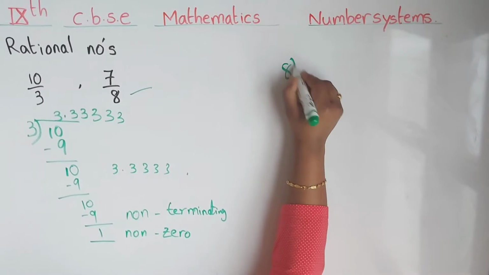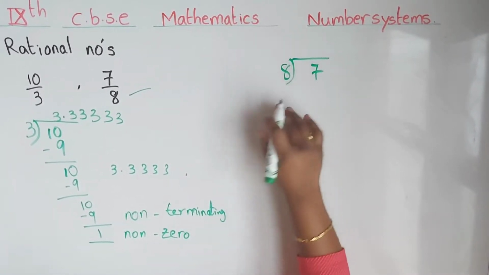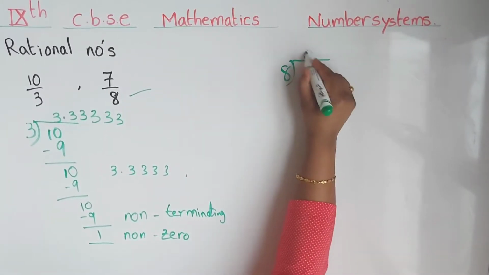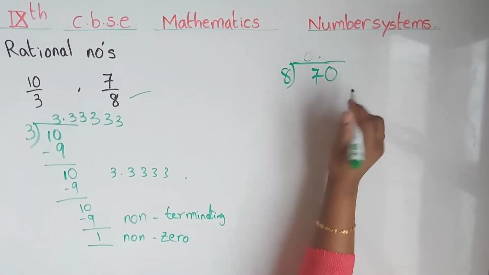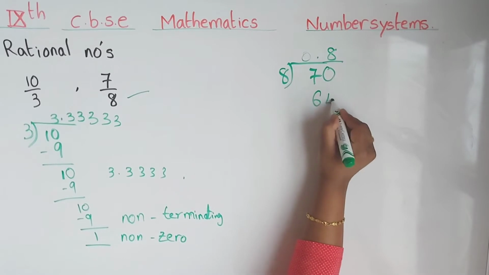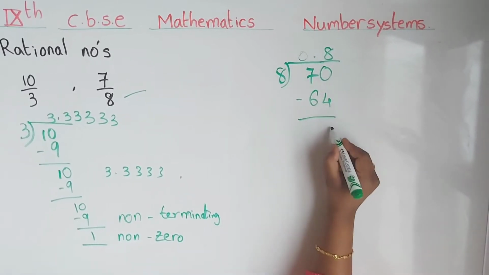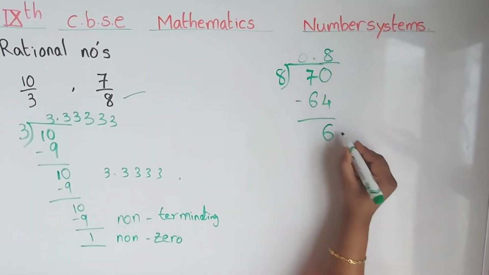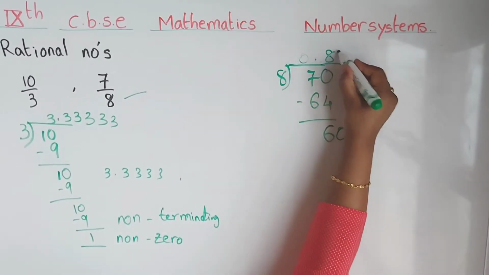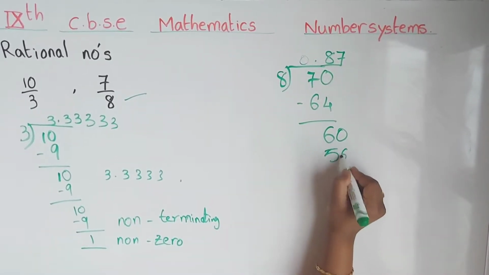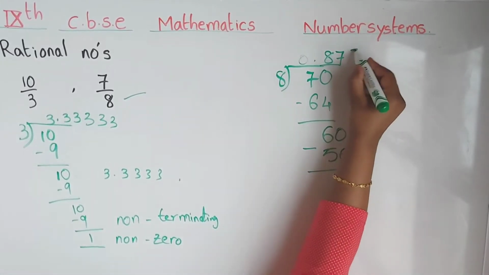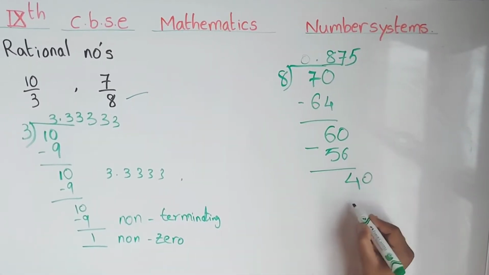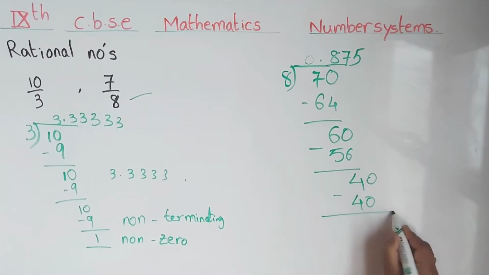Now we will see another example, children. 7 by 8. 0 point. Now I can take 0. It is 70, right? 8 8s are 64, children. Minus. Now what is the remainder? 6. The point is there, so I can write one more 0. 8 7s are 56. Minus. What is the remainder now? 4. 8 5s are 40, children.